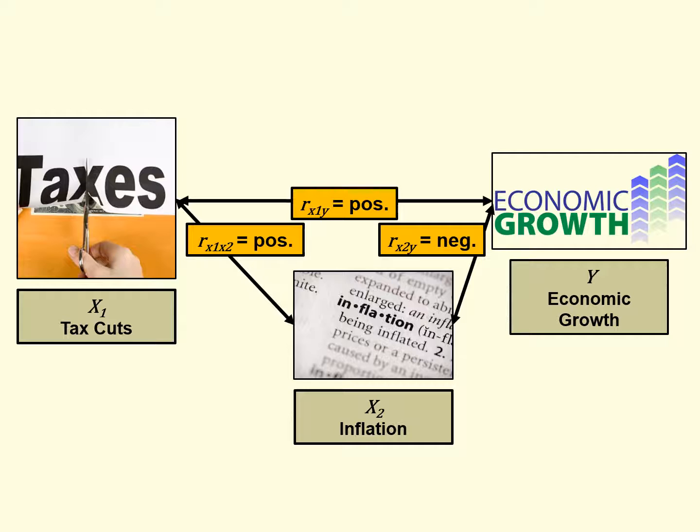It devalues currency, it makes savings less valuable, and so to the extent that inflation goes up, economic growth slows down. Another example of potentially a suppression effect, where one of those predictors, inflation or tax cuts, would be more strongly related to economic growth only when the other was held constant. So two examples there of further examples of suppression.